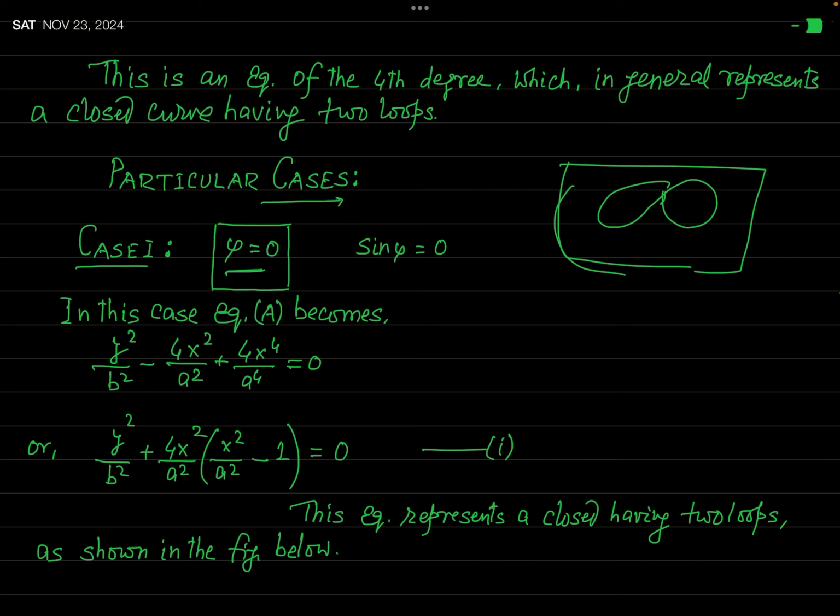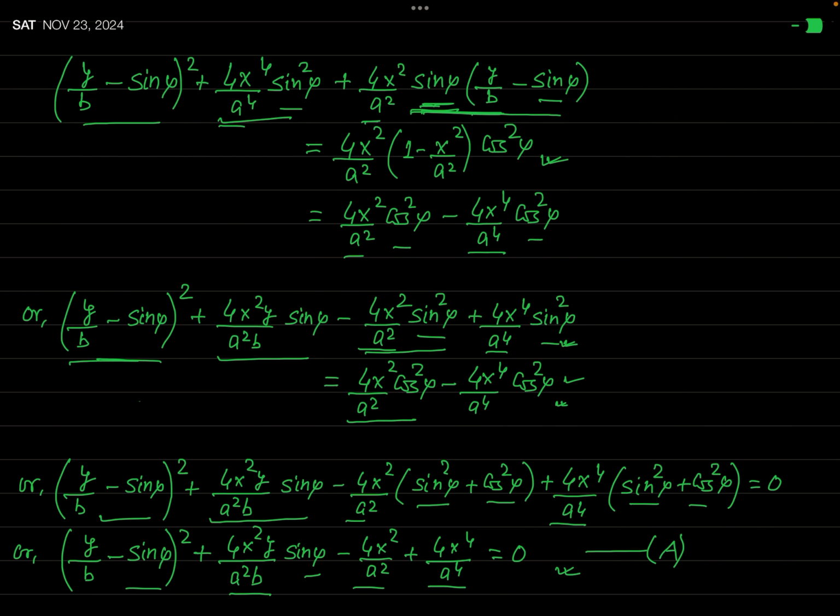For this, when you take phi equal to 0, sin phi will be 0. So this equation A now becomes what? For this, you have to take sin phi equal to 0 in both of these two terms. So after taking sin phi equal to 0, our equation A will become y square over b square plus.